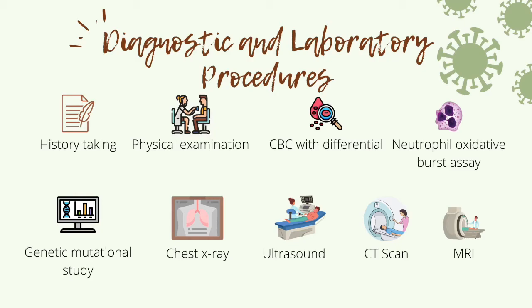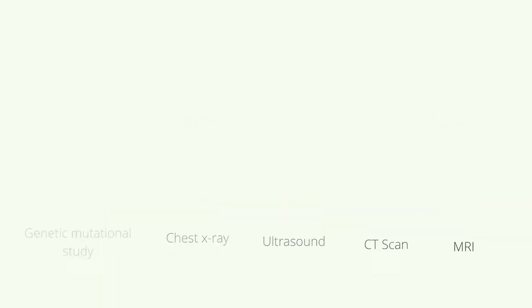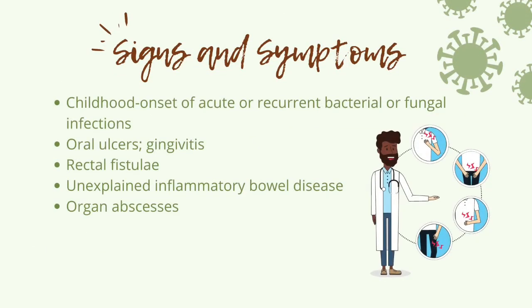MRI may be preferred to minimize exposure to ionizing radiation. So the signs and symptoms of phagocytic dysfunctions are childhood onset of acute or recurrent bacterial or fungal infections, oral ulcers or gingivitis, rectal fistulae, unexplained inflammatory bowel diseases, and organ abscesses.